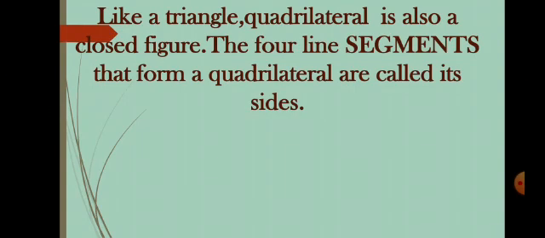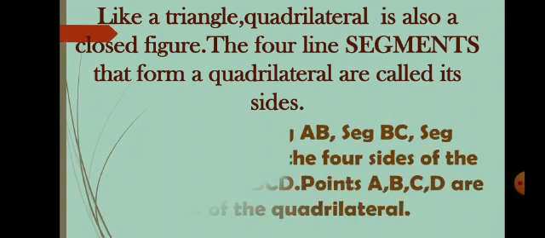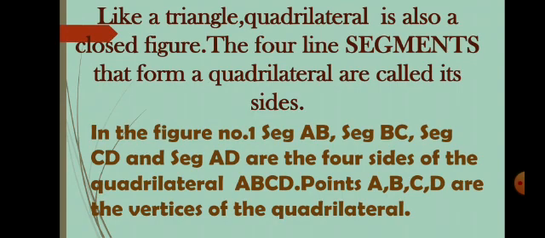You all can see the figure in your textbook. The 4 line segments that form a quadrilateral are called its sides. Now, segment AB, segment BC, segment CD and segment AD are the 4 sides of the quadrilateral ABCD. That is the figure number 1. And the points A, B, C, D are the vertices of the quadrilateral.